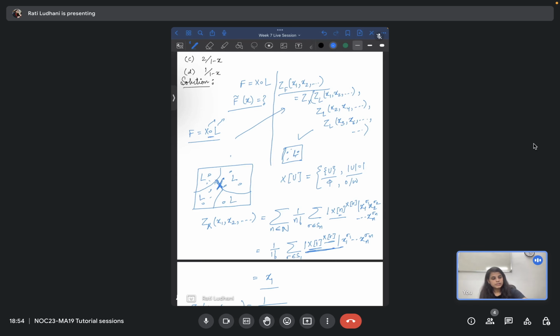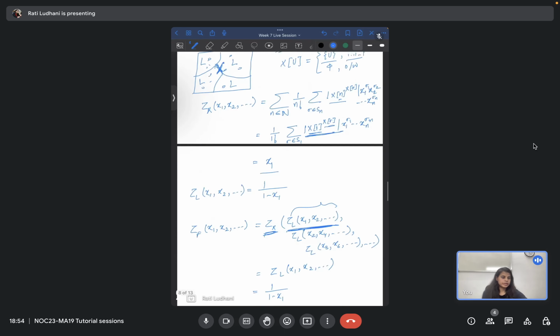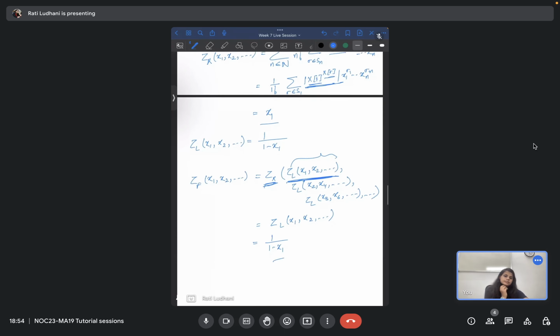You can see that this is the only case when you get this structure, and that will be all from L now. So X of L is actually isomorphic to L. You can check that. Okay, so that's why you're getting this.